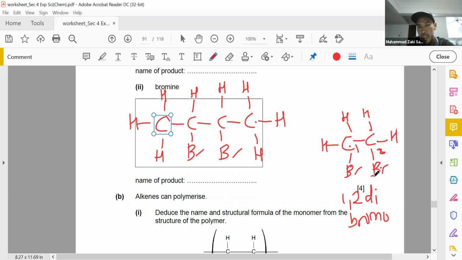Means there are two bromine. Then the last name must follow the long chain here. We call ethane.